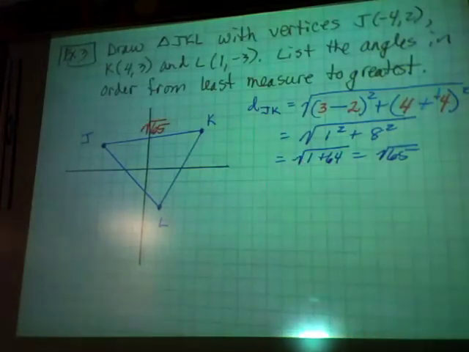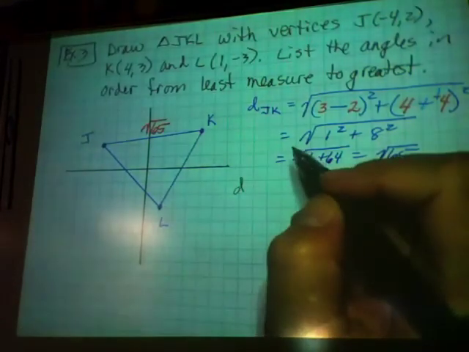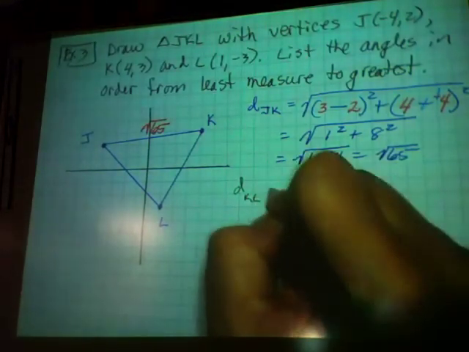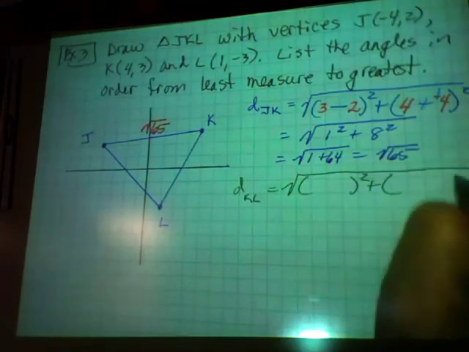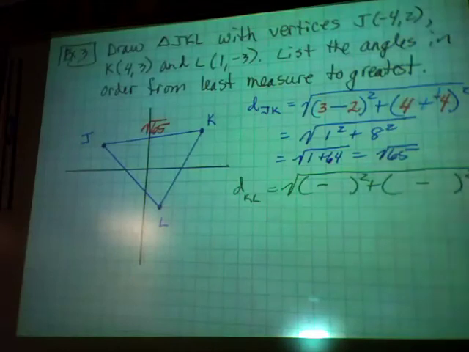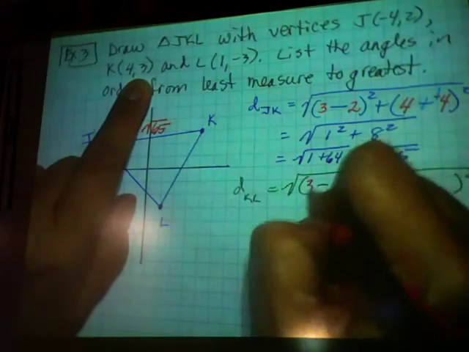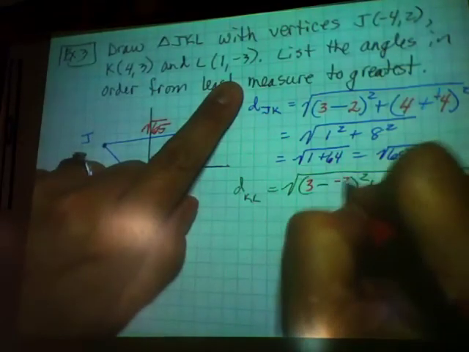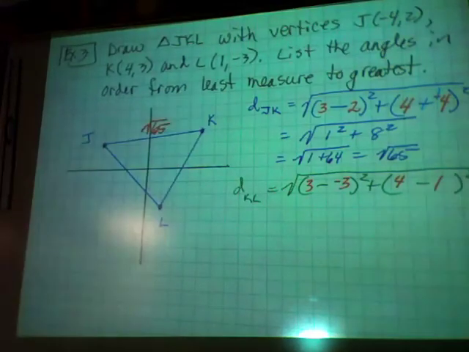The distance from, let's do K to L. All right, so my y is 3, and my other y is negative 3. My x is 4, and my other x is 1.